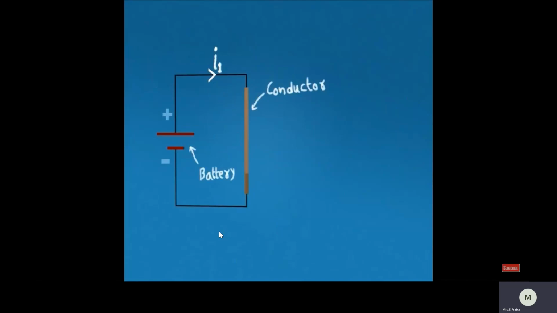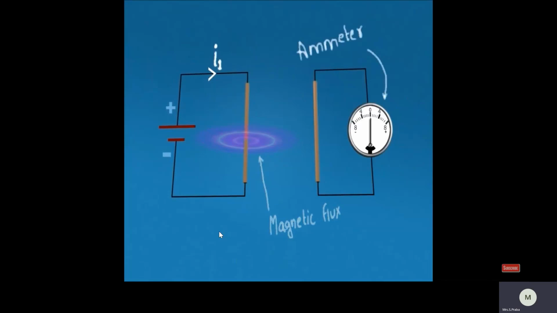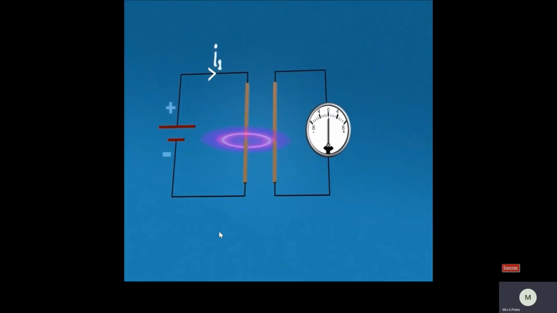As a result, a magnetic flux gets set up around the conductor. If another piece of wire comes in the vicinity of this flux, an electromotive force is induced in the conductor, which we can see here from the deflection in the needle of a galvanometer.